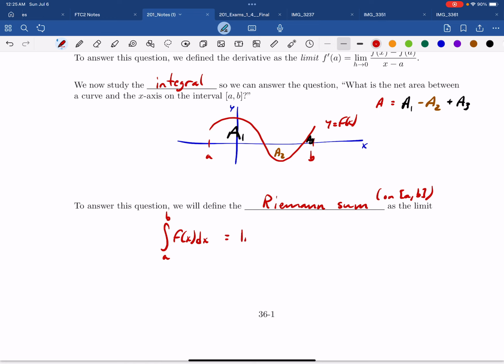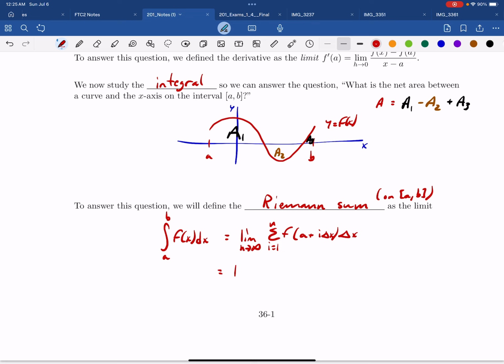But what this equals is an infinite limit of a sum from i equals 1 to n of f of a plus i delta x times delta x.